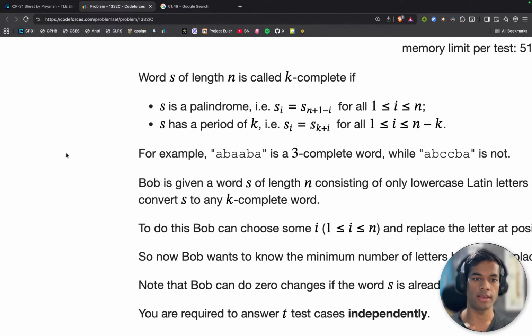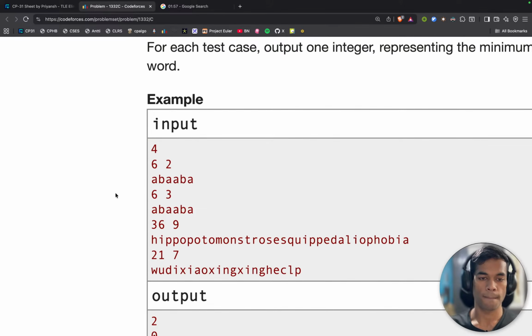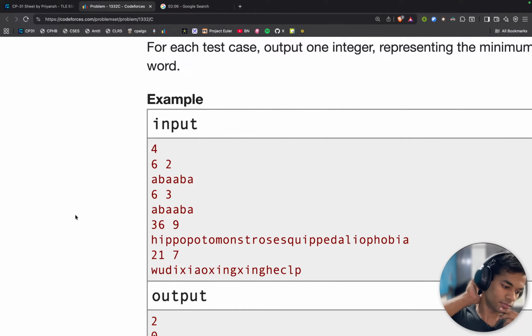I don't have to check if S completely is a palindrome. Each chunk of size K has to be a palindrome. So, changing. Okay, we can go character by character.